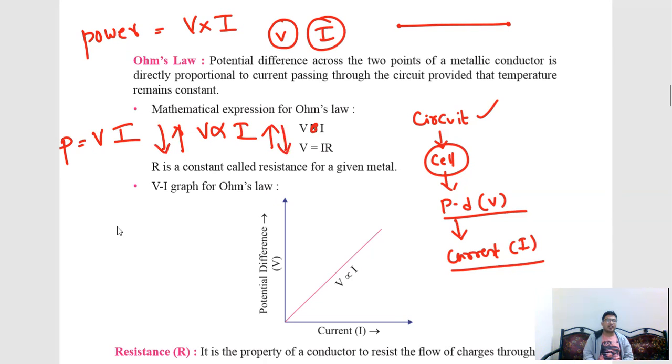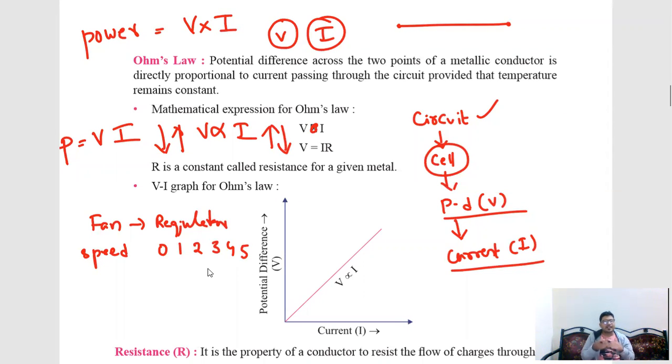Very simple concept. If you see the fan in your house, beside the fan switch there will be a small regulator, isn't it? Keep that regulator at 0 and try to observe the speed of the fan. No speed, 0. Keep that regulator at 1, observe the speed. Keep the regulator at 2, observe the speed. 3, 4, 5, observe the speed.